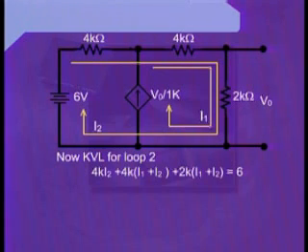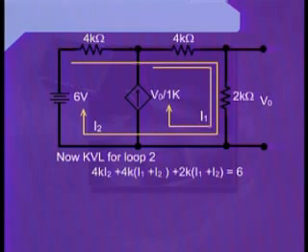Now, from the first term, it is obvious that I am starting from the 4 kilo ohm resistance, which is on the top left hand corner of the super mesh. And through this 4 kilo ohm resistance, we can also see that there is only one current which is passing, and that is I2. That is why we have written 4K I2.